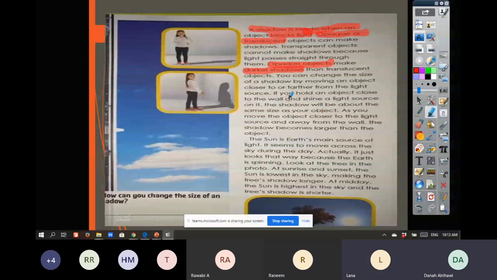So if the object is close to the wall, the shadow will be the same size as the object.